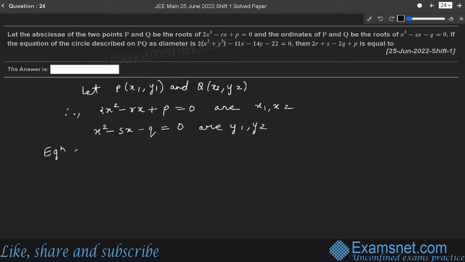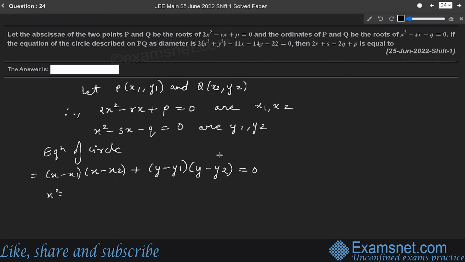Therefore, we can say that equation of circle will be (x minus x1) into (x minus x2) plus (y minus y1) into (y minus y2) is equal to 0. It implies that x square minus (x1 plus x2) into x plus x1 into x2 plus y square minus (y1 plus y2) into y plus y1 into y2 will be equal to 0.